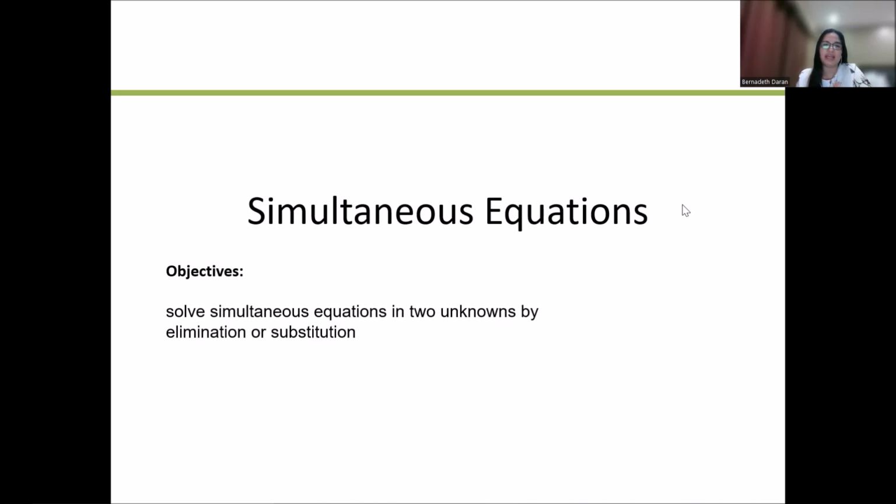So it could be that you simply want to solve a puzzle involving two or more unknown quantities. For example, the sum of two numbers is 10 and the product is 24. What are the numbers? So these are some of the situations where we can use simultaneous equations.